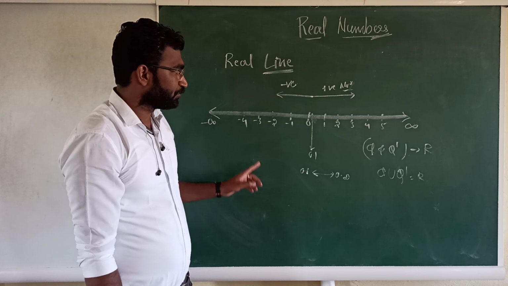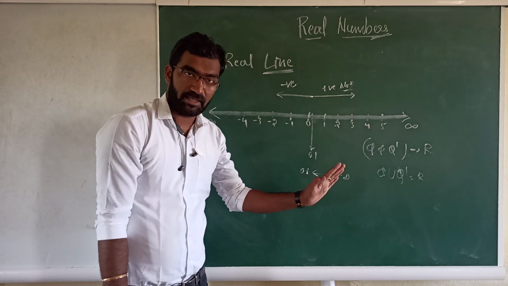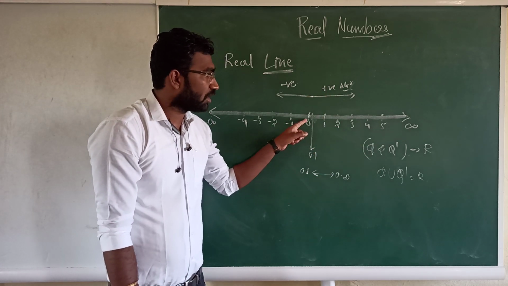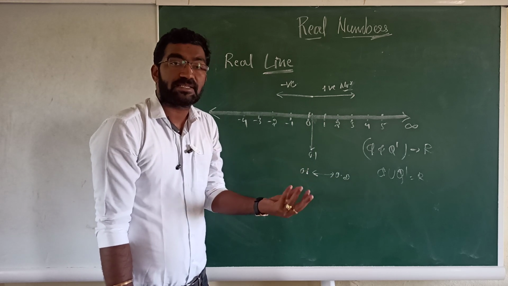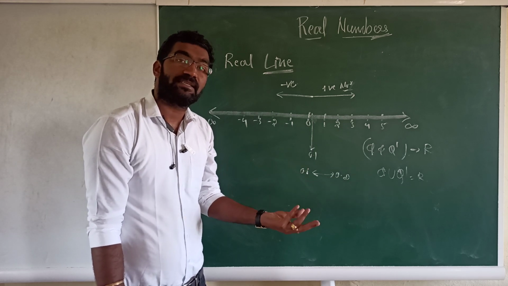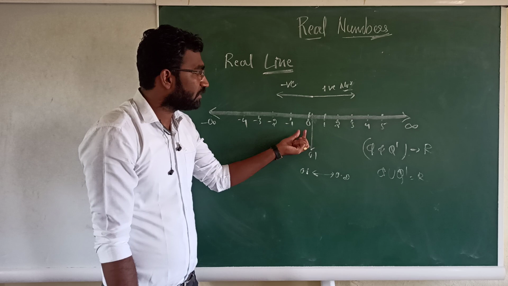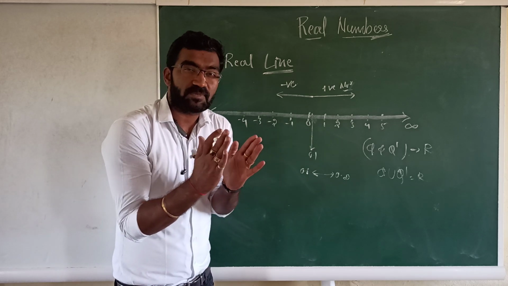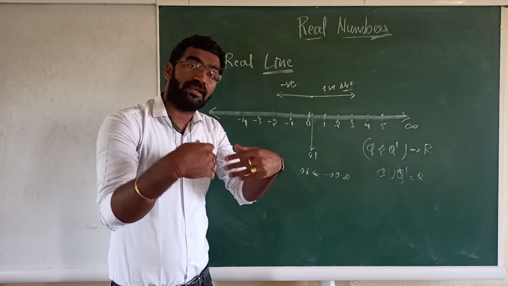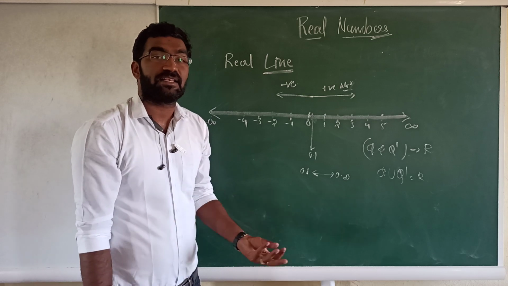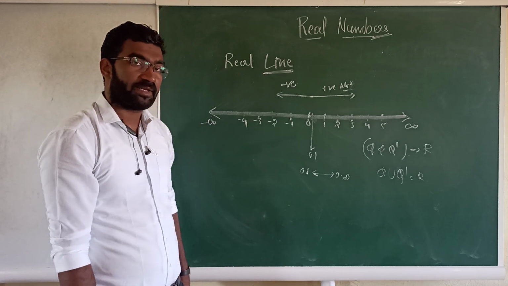I hope you understand. This is a real line. Every dot on the line represents one number, which may be rational or irrational. Between any two numbers, there are again infinite rationals as well as irrationals.